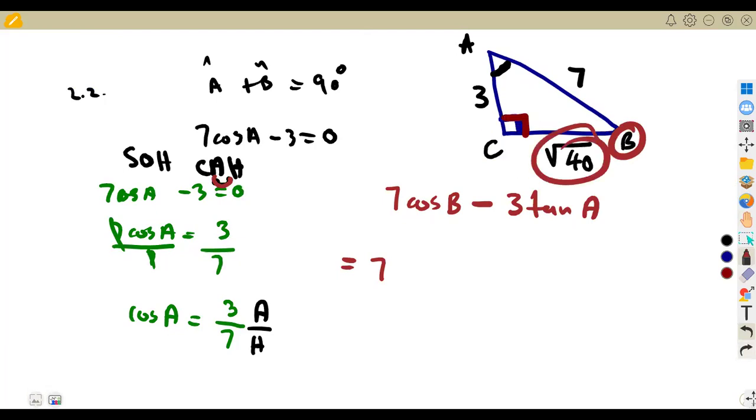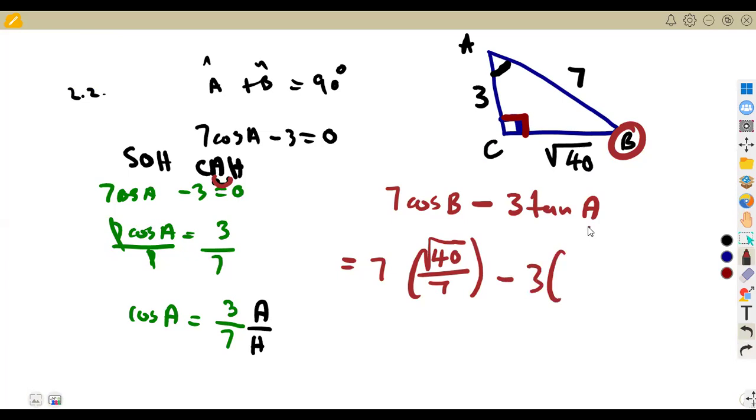That is our adjacent. The angle B and the angle C, they are adjacent to each other, so the side that lies there is the adjacent side. So that's our adjacent over hypotenuse. The adjacent is the square root of 40 over the hypotenuse, which does not change, that's 7. Minus 3 times the tan of A. We are now back to angle A.